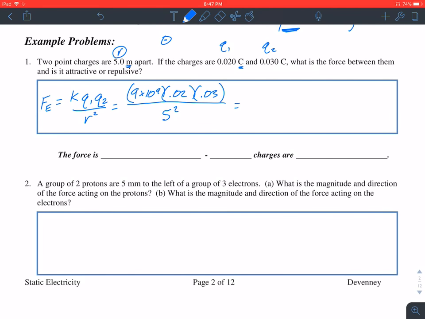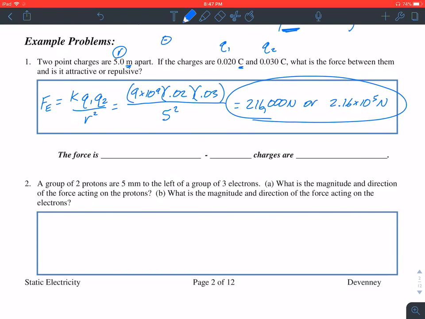And when you punch that in your calculator, your 9 times 10 to the ninth times 0.02 times 0.03 divided by that 5, and make sure you square it, you get 216,000 newtons. Or you could write it as 2.16 times 10 to the fifth newtons. Doesn't really matter. You don't have to put it in scientific notation, right? But either of those would work.